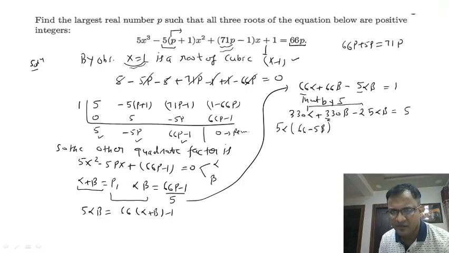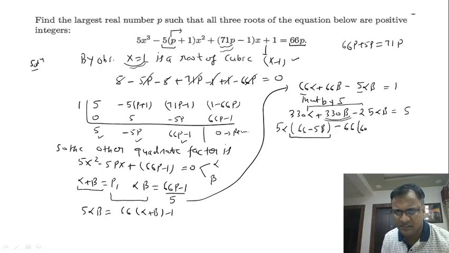Now on the LHS this is a single term, 330 beta. What I want is to create a factor like this one. So I am going to take minus 66 common and write 66 minus 5 beta. If minus 66 is multiplied by minus 5 beta, then we will get this term 330 beta.